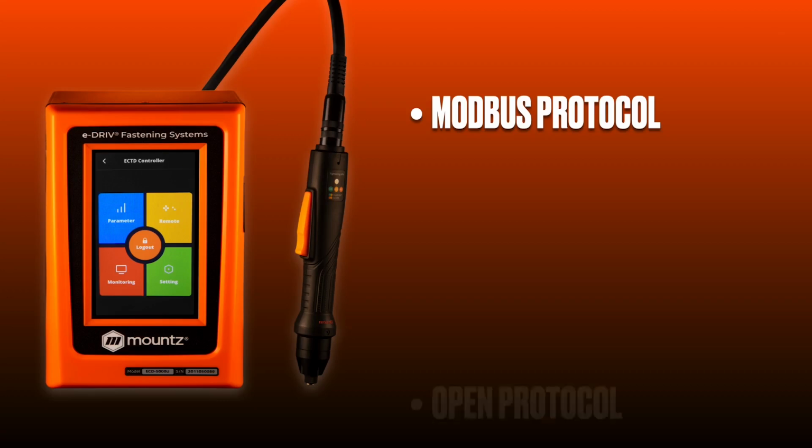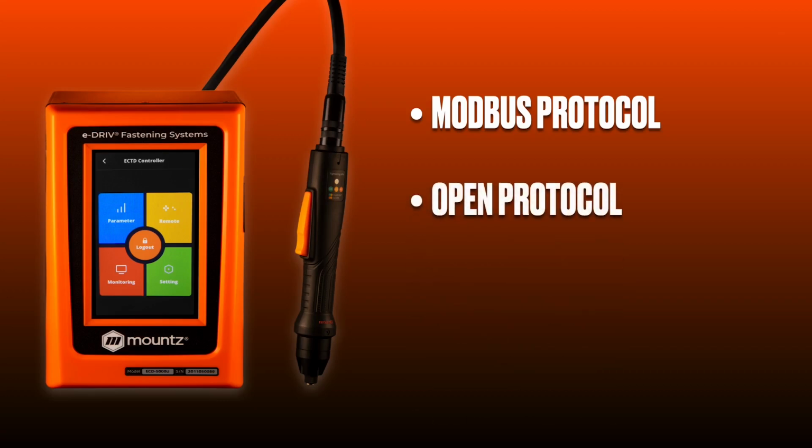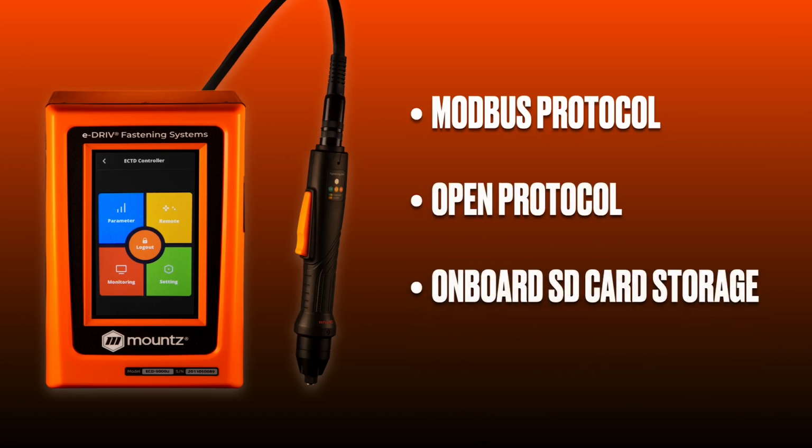So there are a couple of different ways that the tools can communicate through Modbus or Open Protocol within a particular MES type of system. So all of the particular presets and a lot of the different items that we can adjust or set new parameters to, all of those have addresses that we can write to.